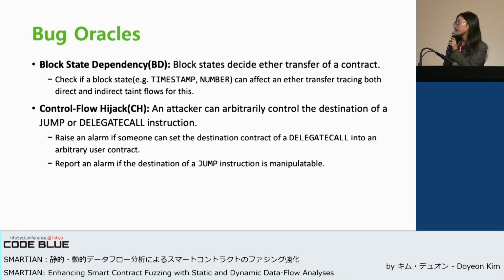Somebody might already know that delegate call is deprecated, but some developers still use old compiler versions in which delegate call is not deprecated. So we considered this kind of bug.